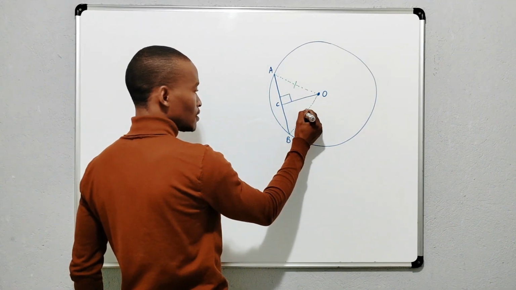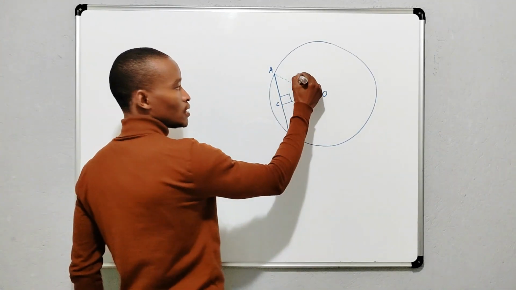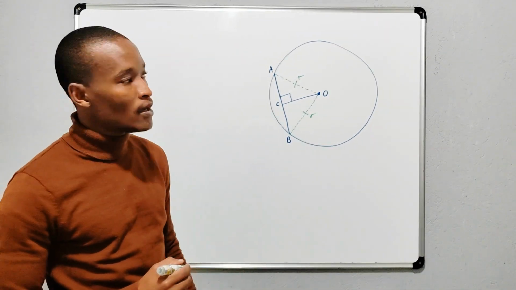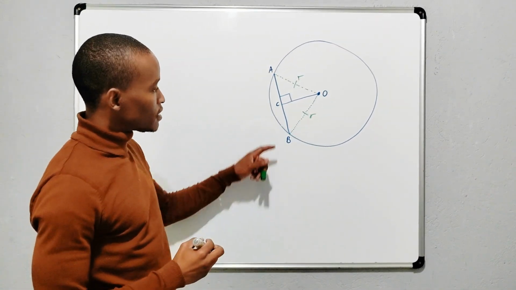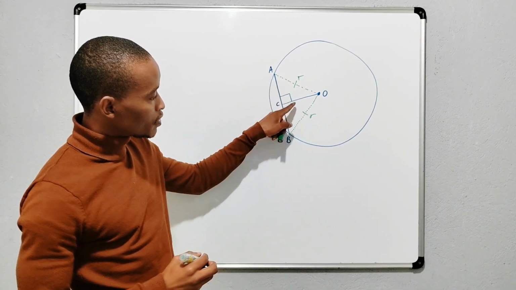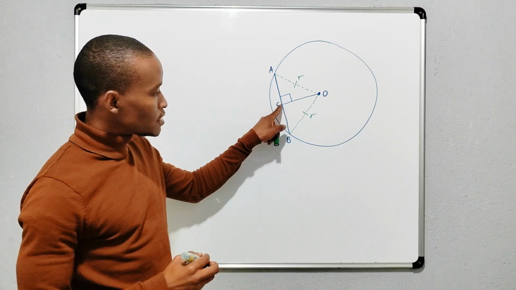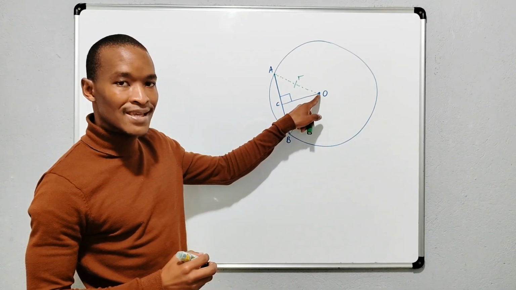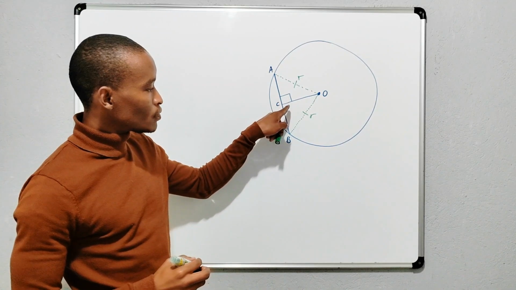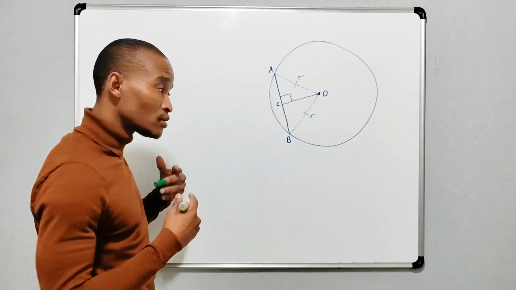That line segment is called your radius. Okay? And this is our two triangles. What do we know? AO will be equal to OB. CO is a common side. And that angle there is 90 degrees. What will be the angle in this triangle? It's obvious.